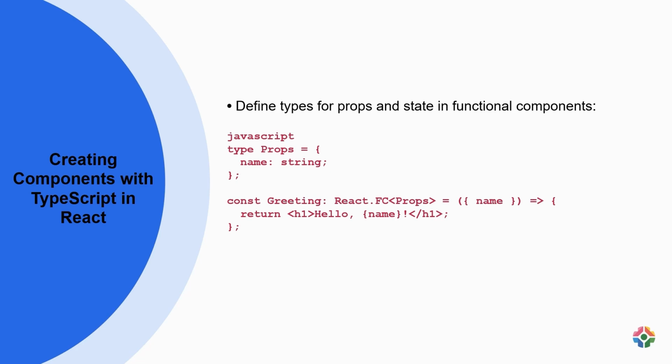The greeting functional component is declared to receive props of type Props, which includes the name prop. 3. Within the component, it uses the name prop to render a greeting message. By clearly defining these types, it helps developers to understand what data a component expects and provides more predictability in terms of data usage. This can prevent bugs related to incorrect prop types being passed to components.